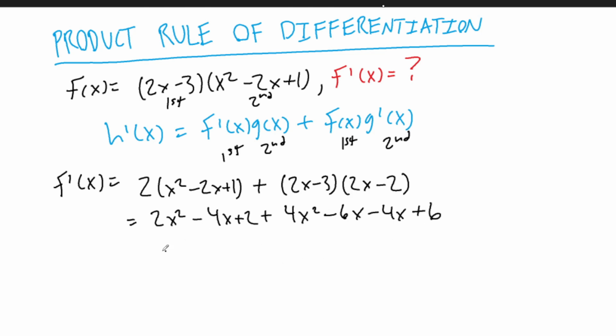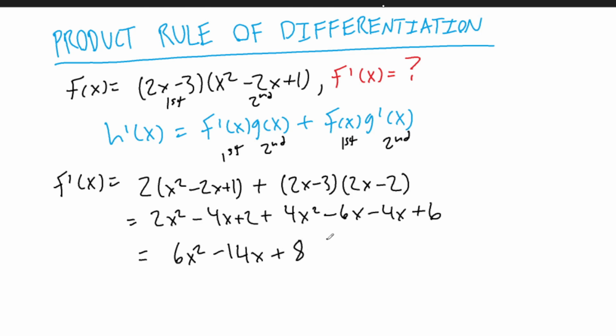Now let's see what like terms we can combine. We have 2x squared and 4x squared, so that becomes 6x squared. Then we have negative 4x, negative 6x, and negative 4x, so that's going to become negative 14x. And then we have 2 and 6, so that's going to become 8.